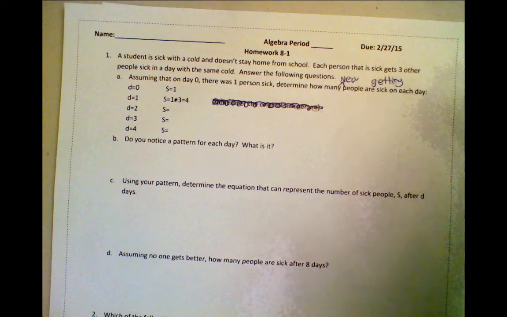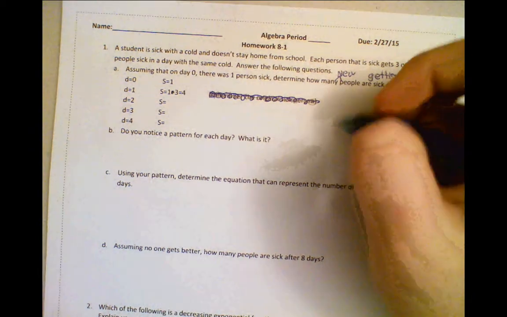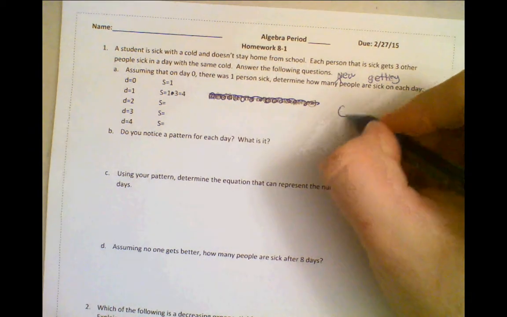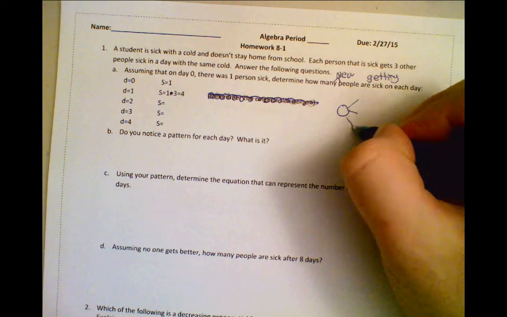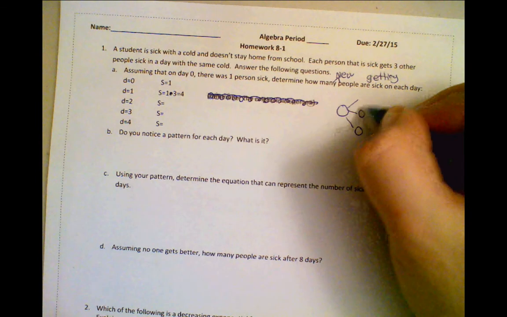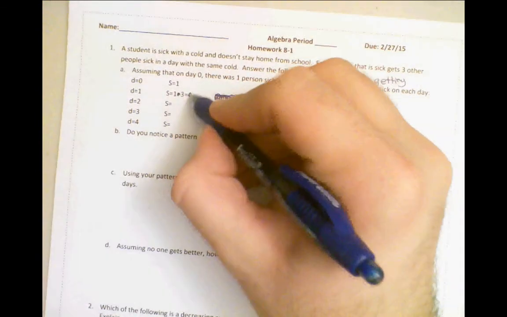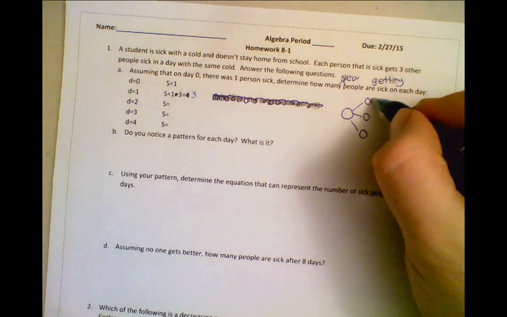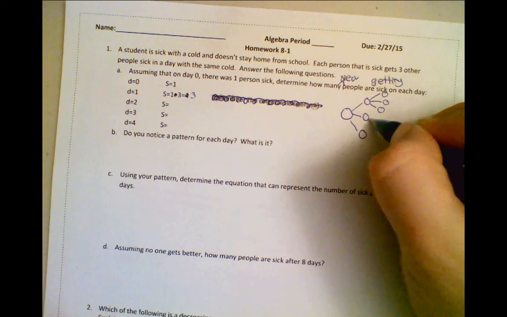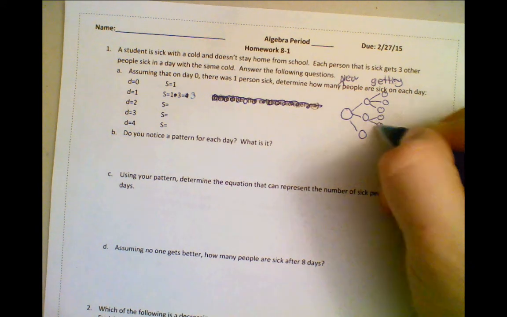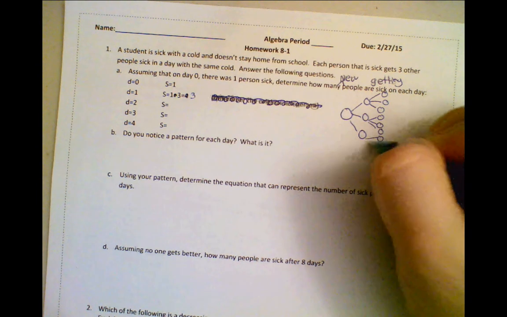You have one person that's sick, and that person's getting 3 more people sick, so we change that to a 3 also. Now, each one of those 3 people is getting 3 people sick as well. That's basically the situation you have to think about when you're doing this problem.